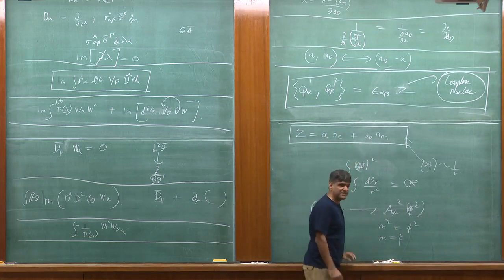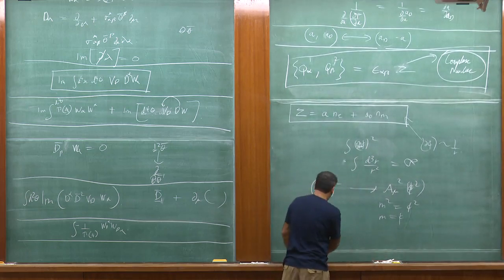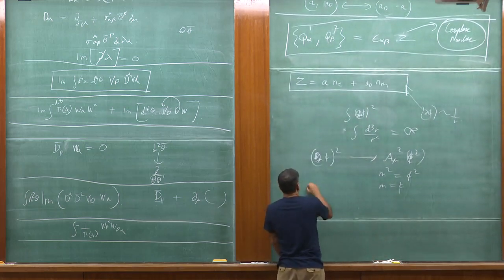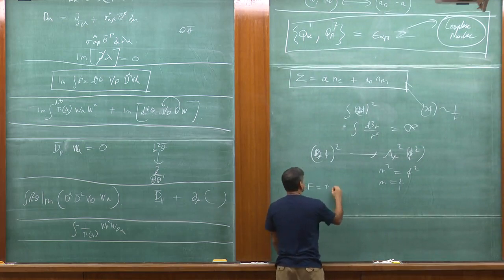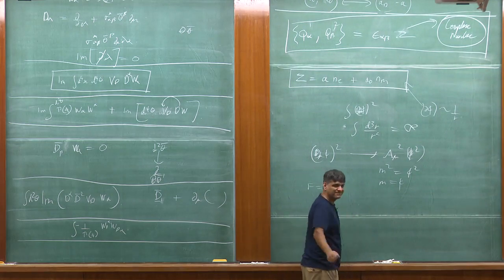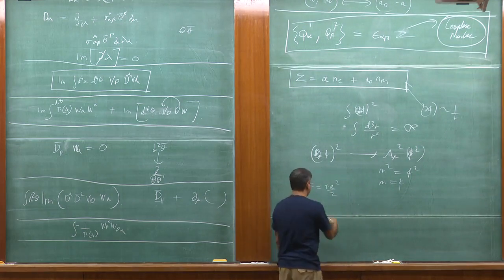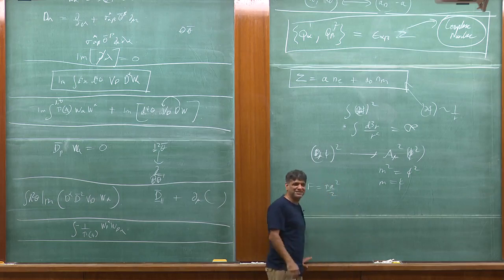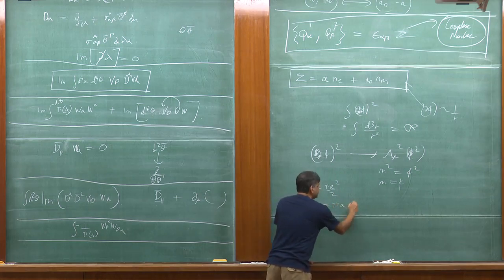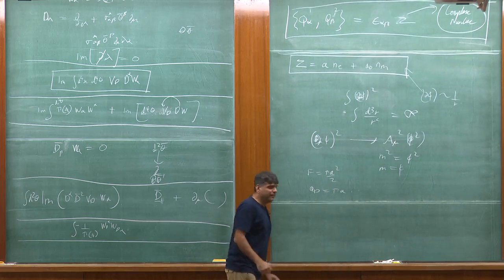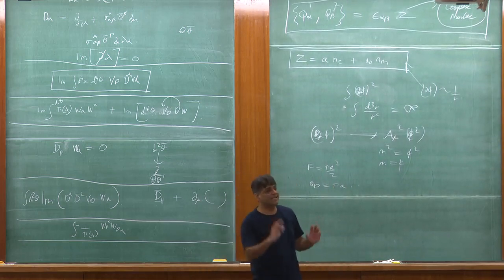What about this guy? Semi-classically, F was equal to tau A squared by 2. Classically, semi is too strong for this. Classically, F was equal to tau A squared by 2. Therefore, A_D was equal to tau A. Remember, we decided we would always work with conventions where theta is switched off.